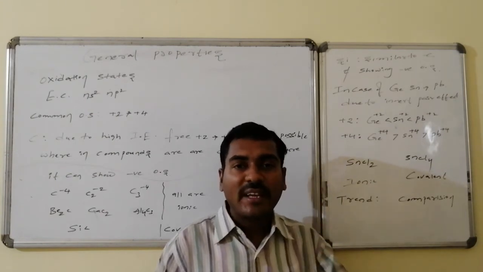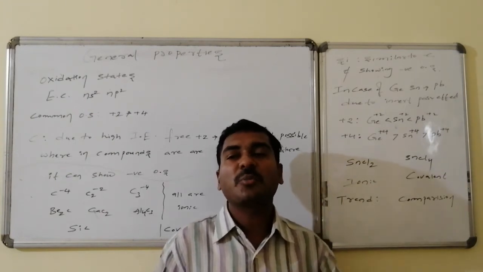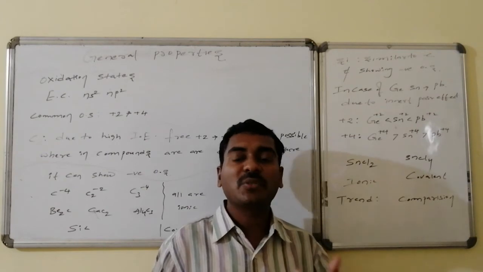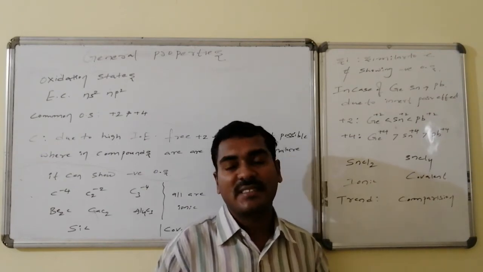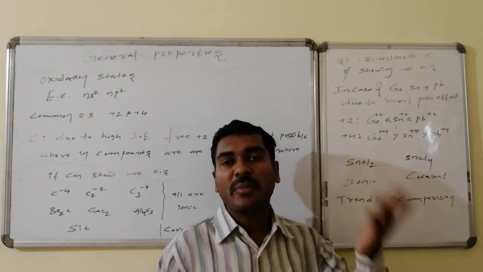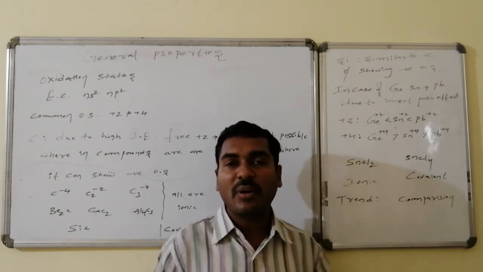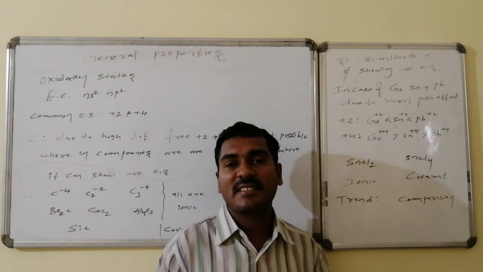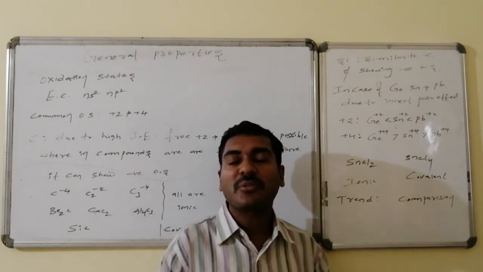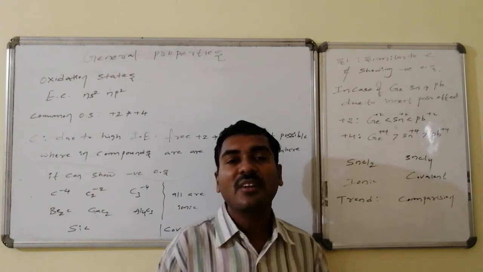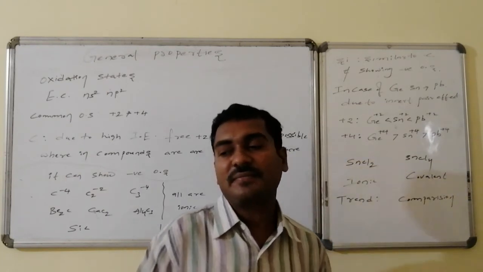But going from top to bottom, the ionic nature of compounds with the same oxidation state increases. Top compounds are covalent, and bottom compounds in the lower oxidation states are ionic. In the higher oxidation state, some compounds are ionic and some are covalent in nature.